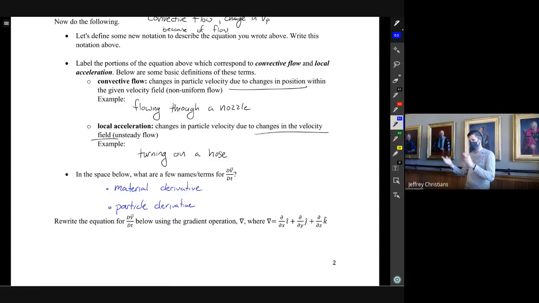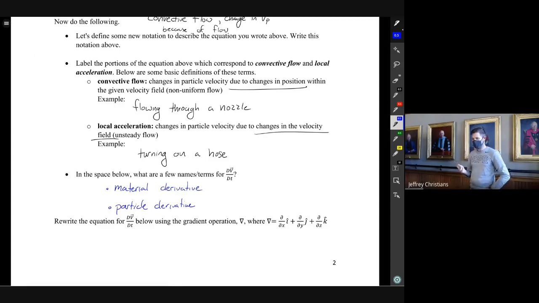It's the particle derivative of the velocity field. It's basically to say, what is happening to an individual particle, an individual fluid particle, or an individual piece of material in that velocity field. So how is that changing with time?